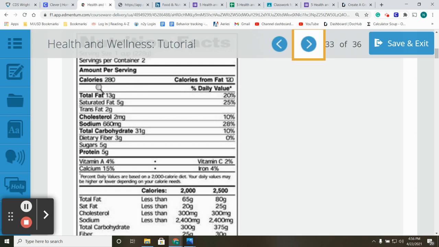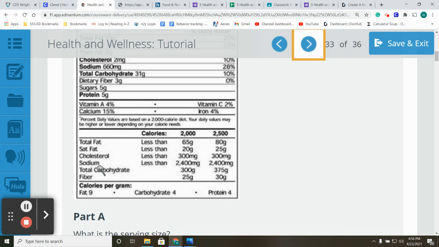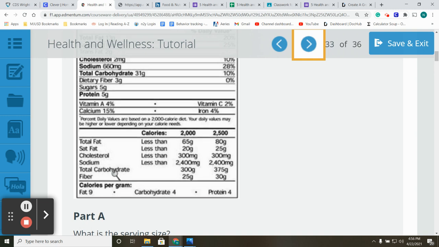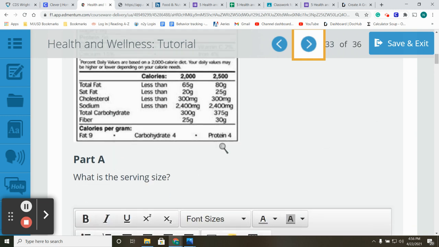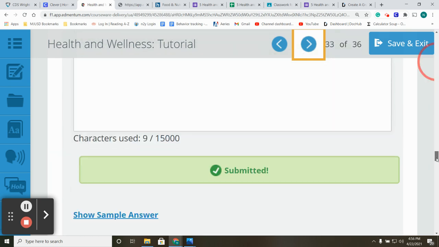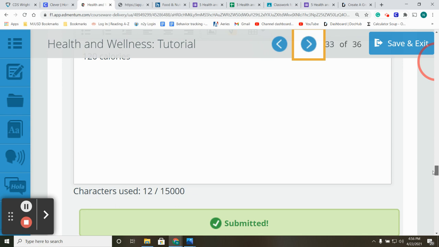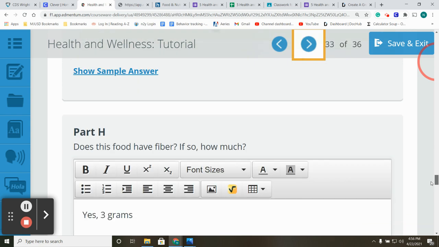So it can be confusing when you're looking at calories from fat, and that kind of stuff. And calories per gram. So 120 calories from fat.